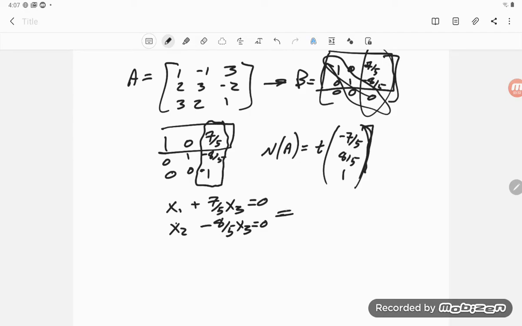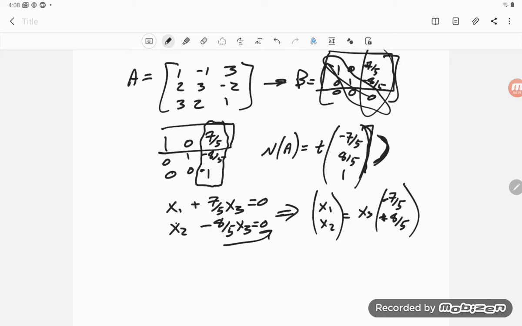Those two we could rewrite as x1, x2 is equal to x3, whatever it is, times -7/5 and plus 8/5. Okay, just like what we have up here. I just move these over to the other side, and that's what we have.